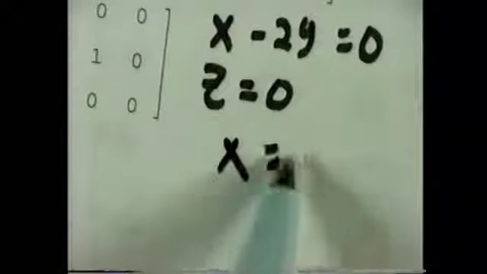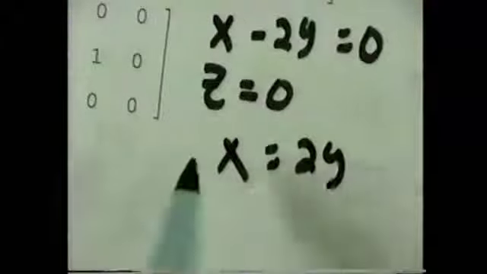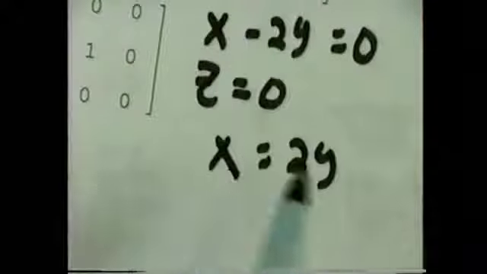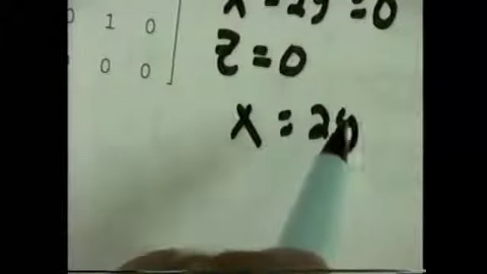Well, if x minus 2y is equal to 0, that means x is 2y. So if I let y be 1, x is 2, or how we want to do that, but what I'm going to do is to put in the parameters, and we'll let y be t and x be s.